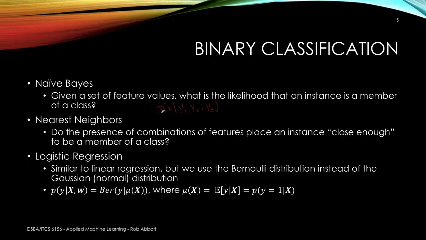So in this case, what's the probability that it's X given feature Y1 and Y2 and Y3? So these are prediction or probability type classifiers. Nearest neighbors are another type of classifier in which we look at collections of data in the system.